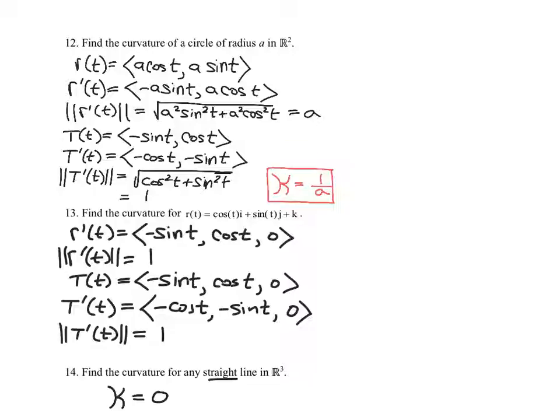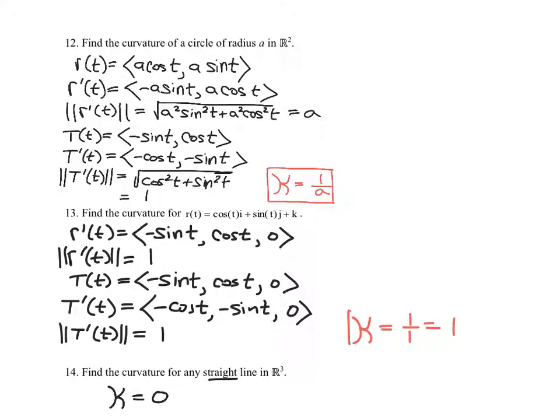And so I get my kappa value here. Kappa is the ratio of the magnitude of the derivative of the unit tangent vector divided by the magnitude of the derivative of the vector valued function, which would be 1 over 1, which is 1.